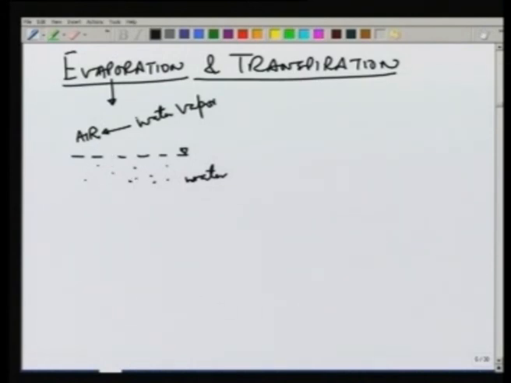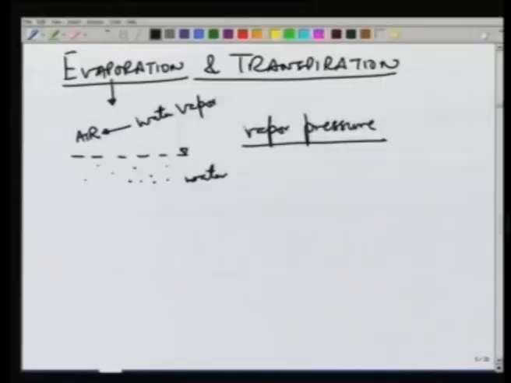So, there will be some vapor pressure in the air as well as on this water surface. Depending on the difference of this vapor pressure, water molecules will go either from the water into the air, which is called evaporation, or from the air into the water, which is called condensation.